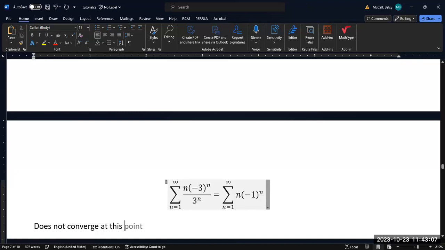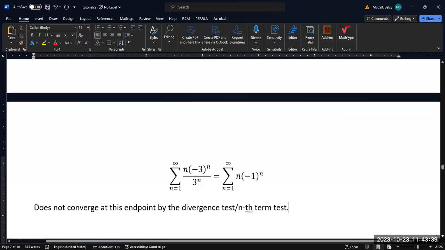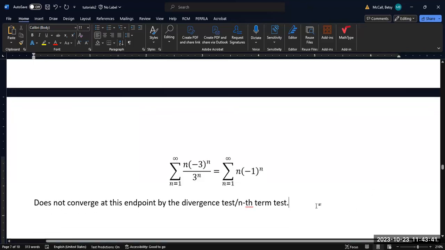At this endpoint, it diverges by the divergence test, or sometimes it's called the nth term test. Because if you let the limit of this term as n goes to infinity, this term is going to go to plus and minus infinity, depending on whether you're at an even term or an odd term, because the n is in the numerator.